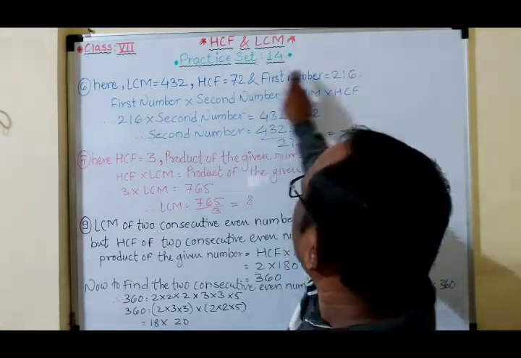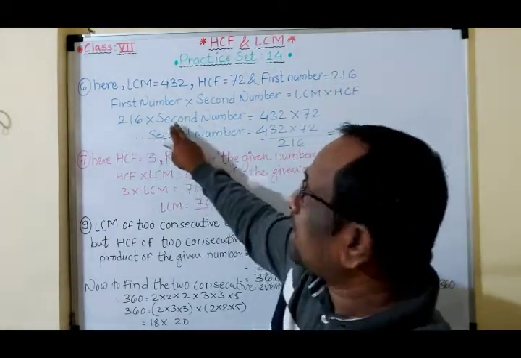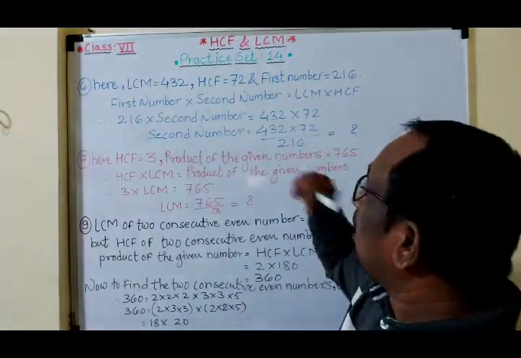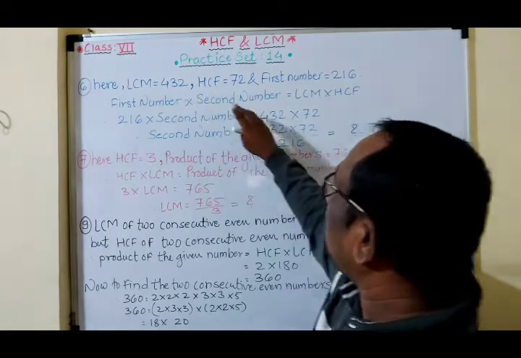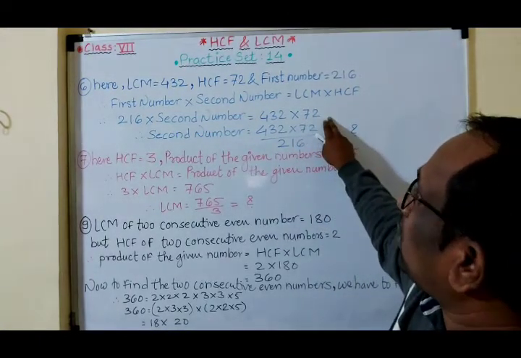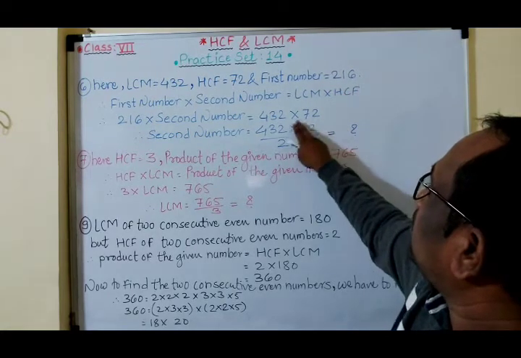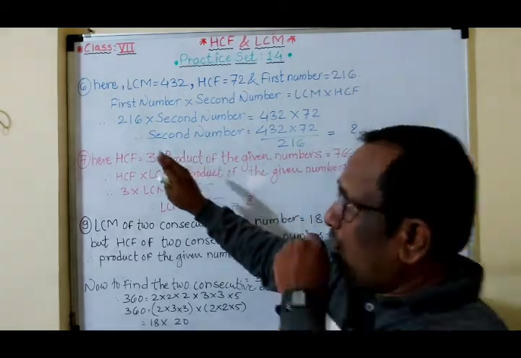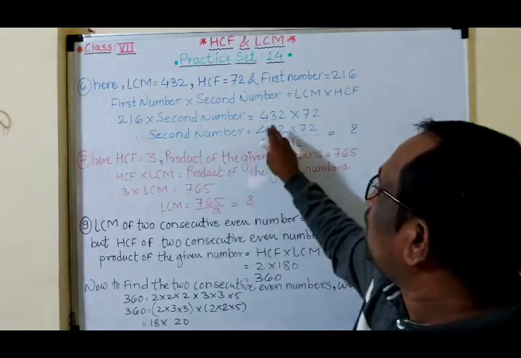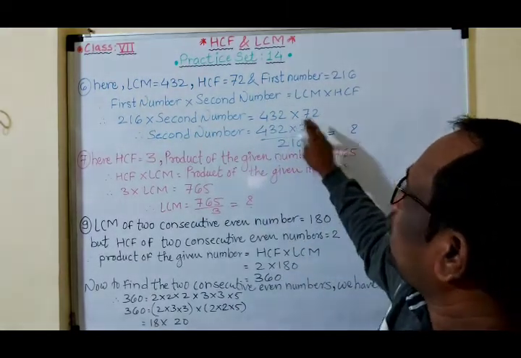So the first number we got, that is 216. The second number we have to find. So as it is, we write the second number, and the LCM here 432 multiplied by the HCF, that is 72. Now we have to find the second number. Therefore the second number is equal to 432 multiplied by 72.